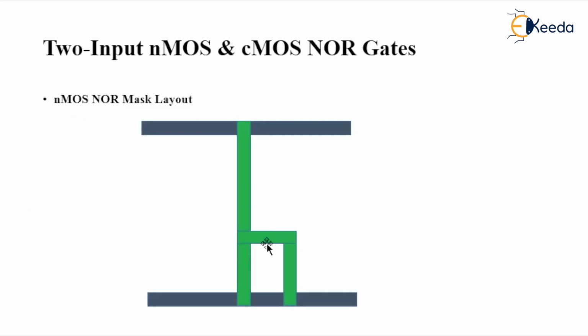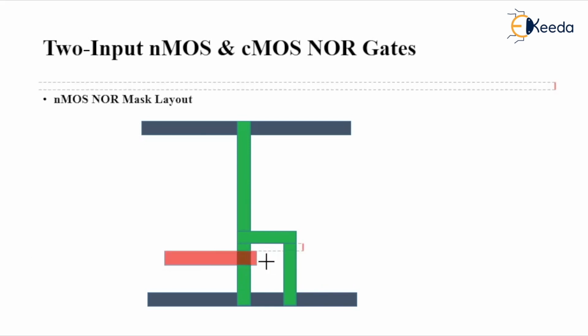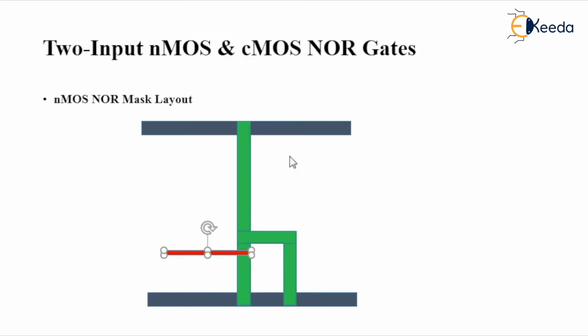So to make this ND diffusion a transistor, a polysilicon should cross it, and it is acting as input A, and it is acting as input B. Right. And next, a depletion MOSFET should be there.